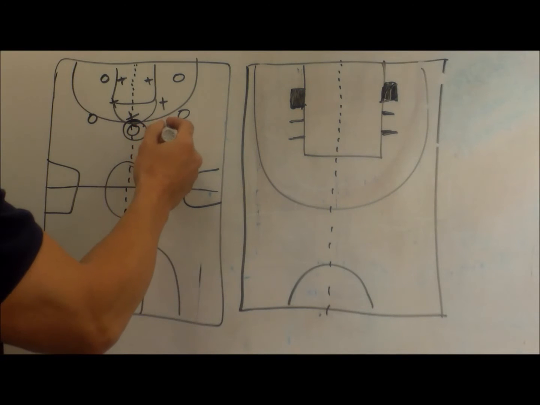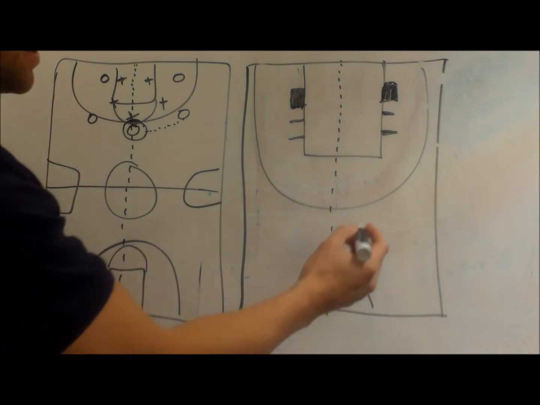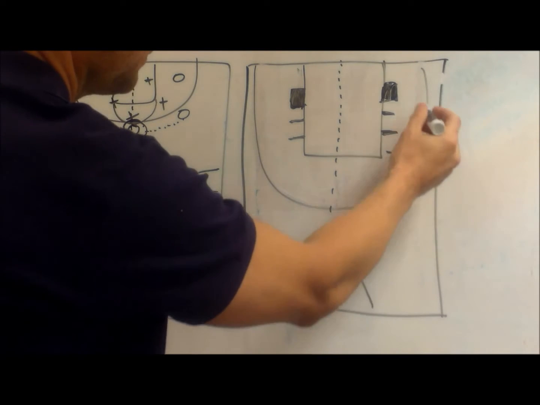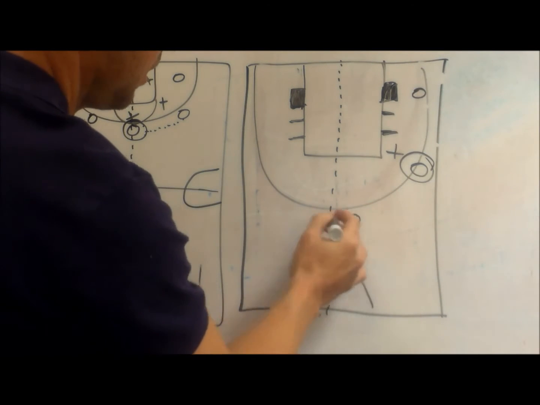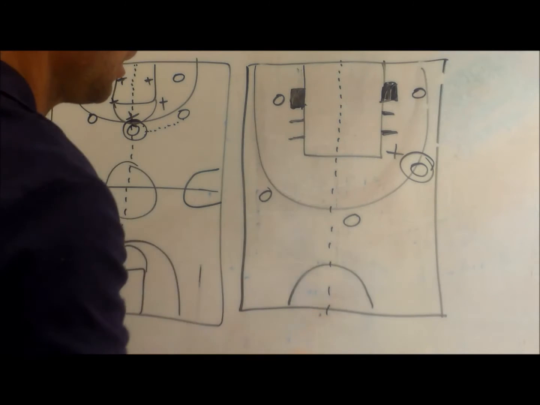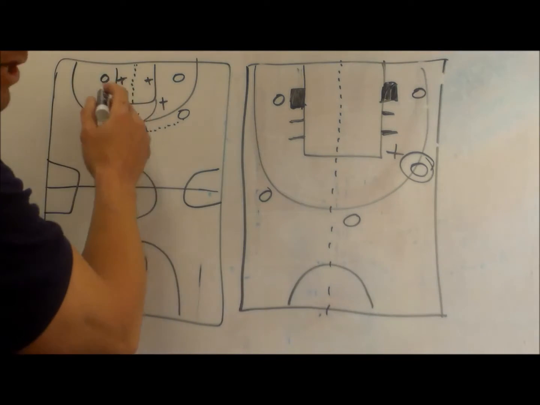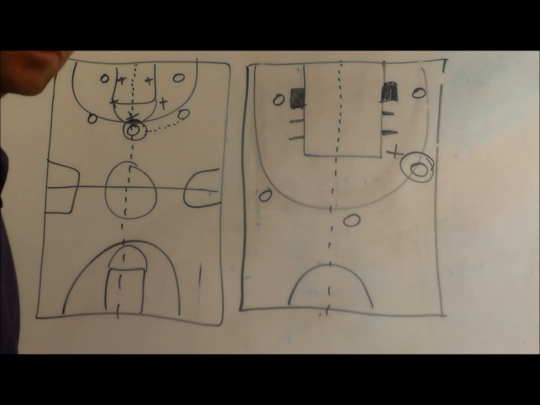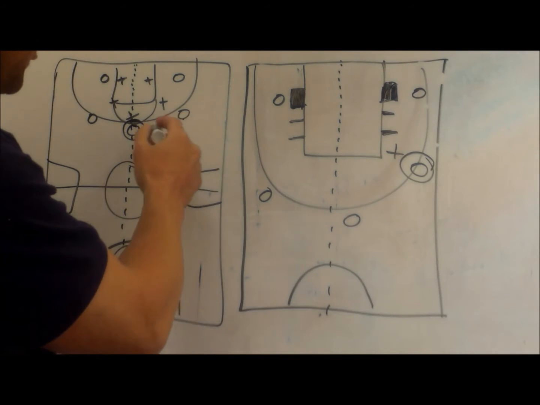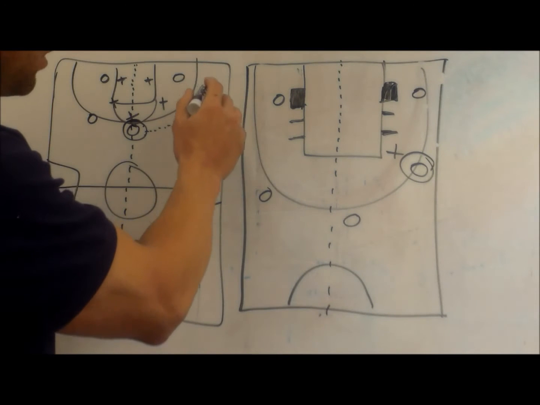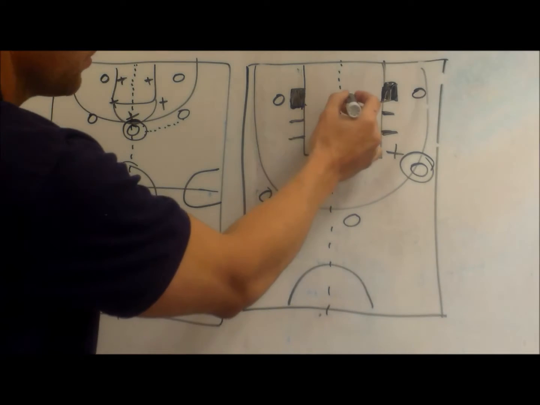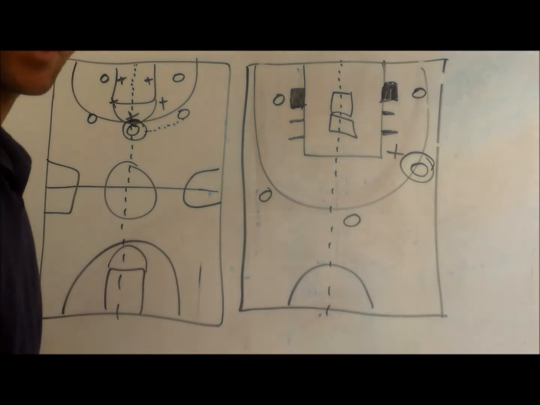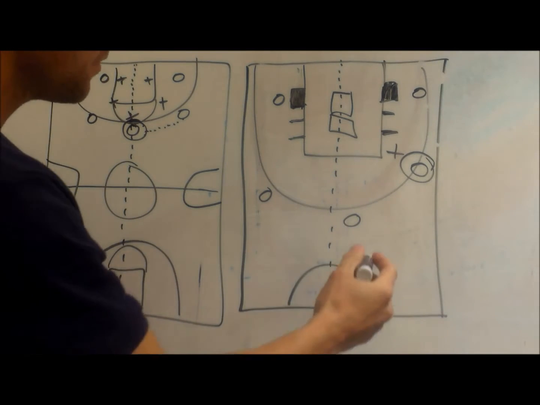If the ball's here, we're all playing head up. We're seeing ball, you, man, pointing at both, seeing your man, seeing the ball in between your man and the basket. But once the ball is declared to a ball side, remember, these are the most dangerous spots on the floor. We always want to have those covered up, especially if the ball's been declared.